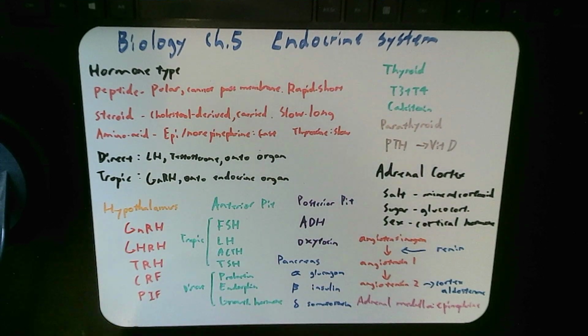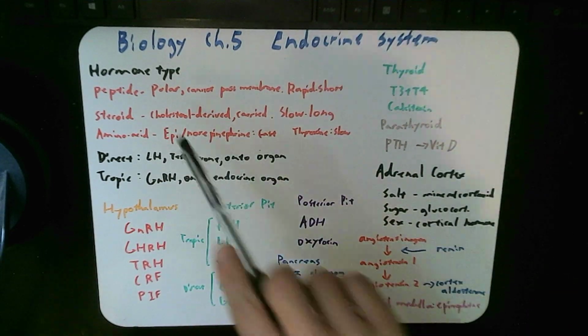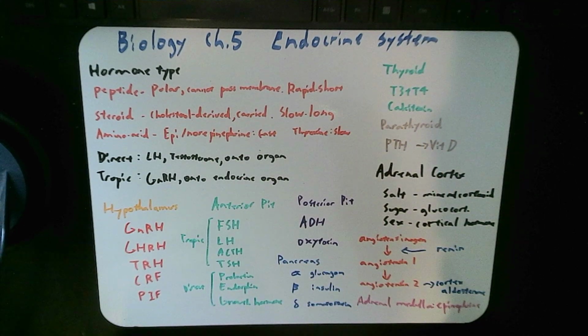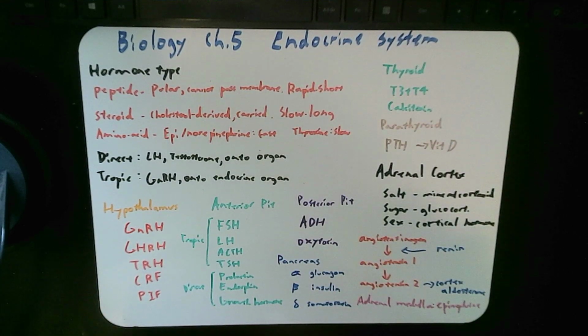Amino acid hormones are derived from amino acids, and they have either peptide or steroid characteristics. For instance, epinephrine and norepinephrine act fast like a peptide hormone, and they're short-lived. Think about when you're running, it activates really fast, the epinephrine and norepinephrine.